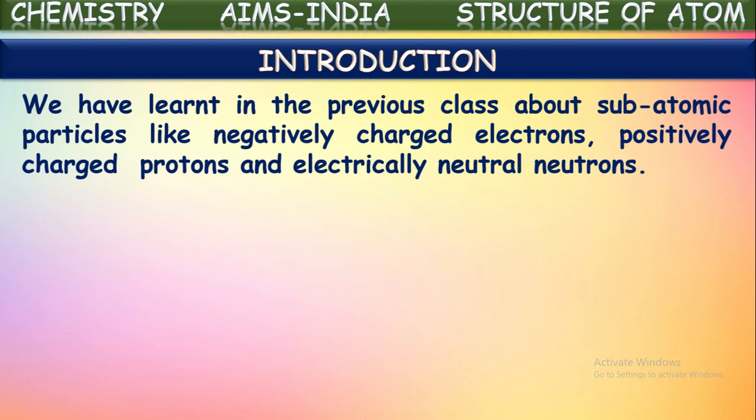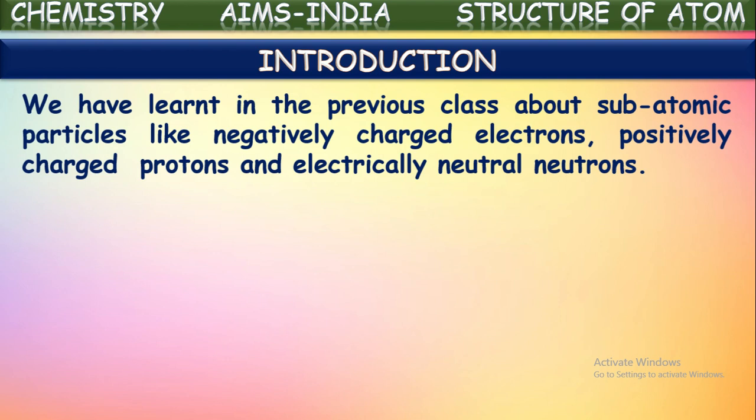We have learned in the previous classes about subatomic particles like negatively charged particles like electrons, positively charged particles like protons, and even about electrically neutral neutrons also, isn't it? We have studied about these particles which are called subatomic particles.